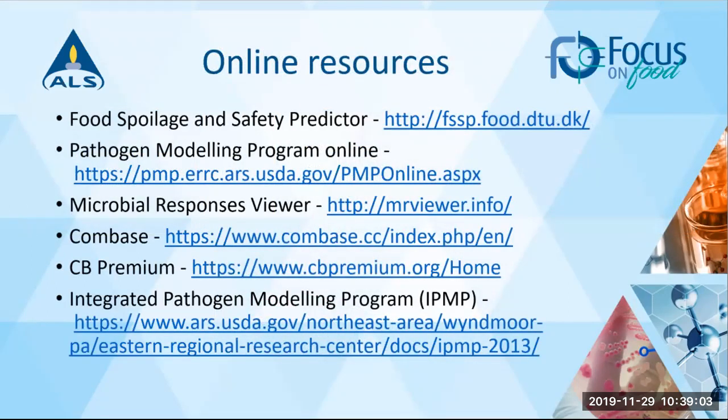So there are a great deal of resources online that can help in determining an estimated shelf life for your product. All of the websites on this slide offer a variation on microbial growth models where you can input various parameters such as storage temperatures and formulations in order to predict growth of a range of spoilage and pathogenic organisms.